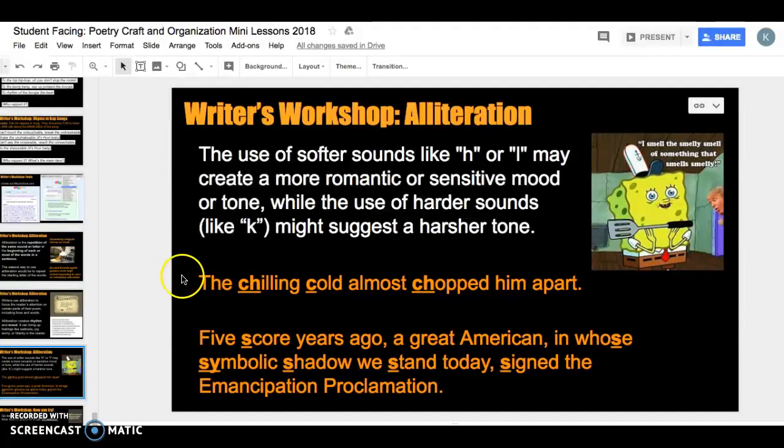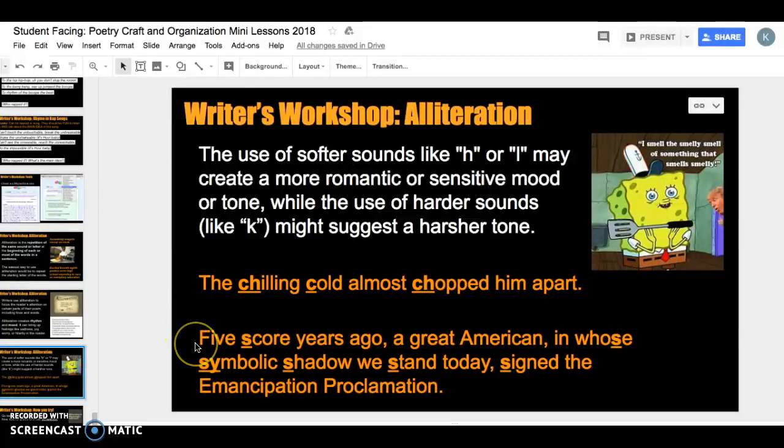We're getting a real sense here with both the words and the alliteration sound of a ch or a k. It goes with the words themselves, giving this feeling of real coldness and a harsh setting, making you feel almost uncomfortable. The writer's doing that by using this alliteration with the ch and k sounds.